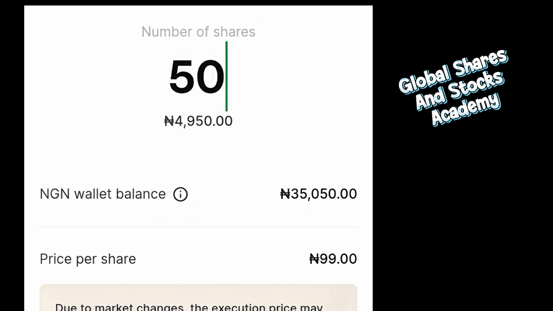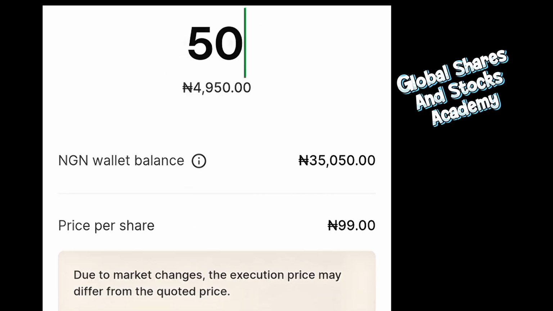I don't know if you understand it. So the amount you'll be spending will depend on the number of shares you want to hold. So we'll be buying 50 units of shares of Zenith Bank.